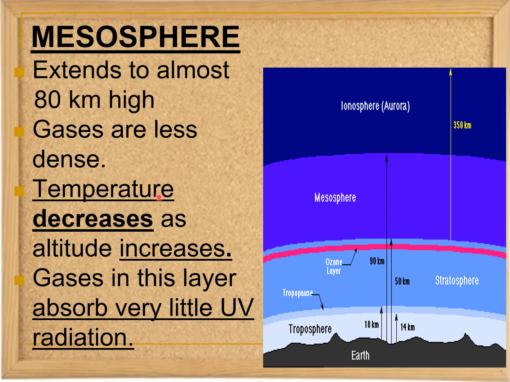Also, please take note, in your mesosphere, once again, the temperature is decreasing as we move up. Gases in this layer absorb very little UV radiation. That's because most of the absorption of the ultraviolet radiation is performed in your ozone layer.